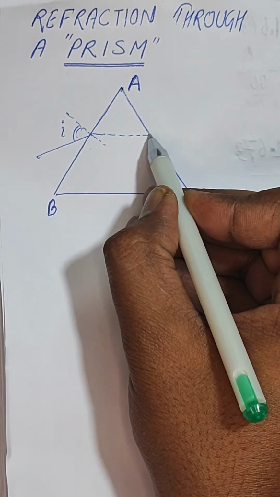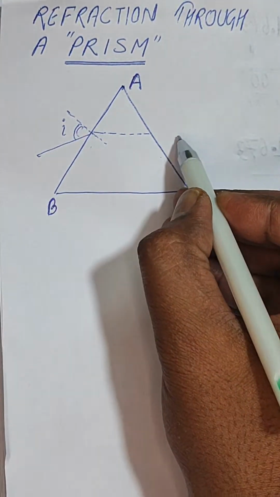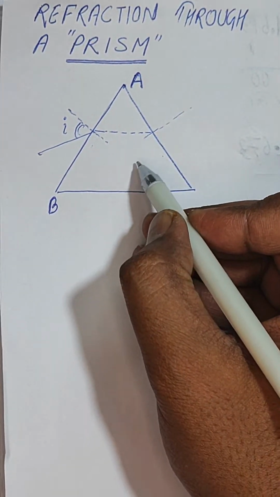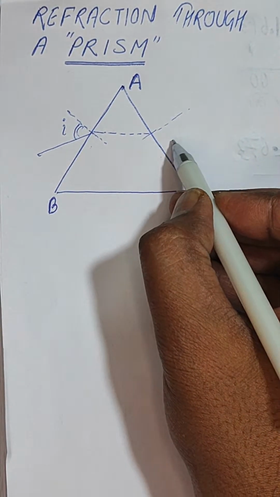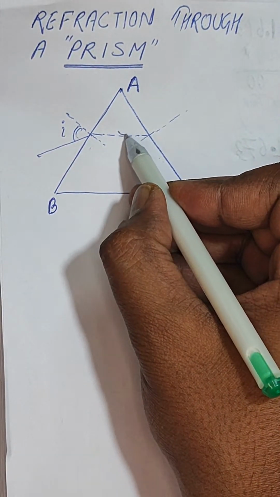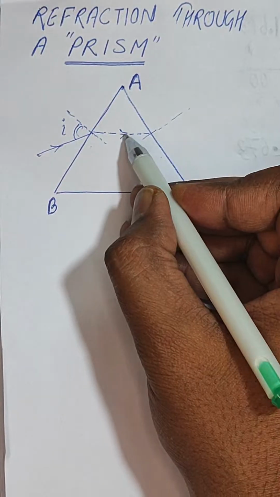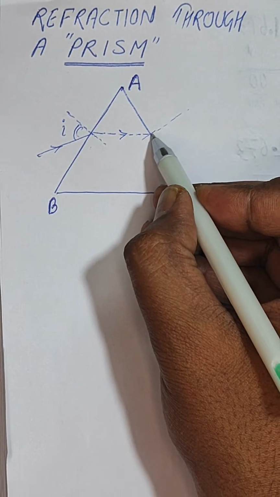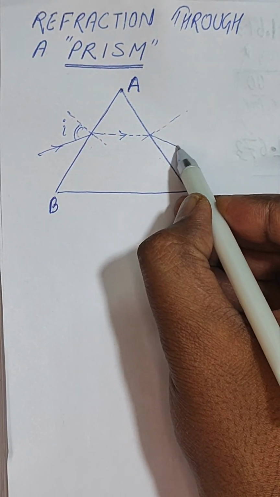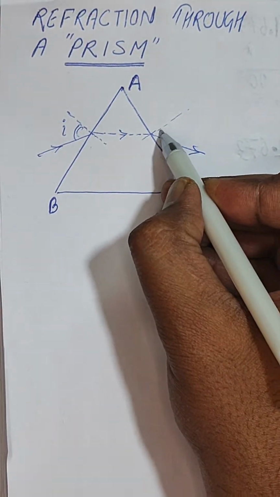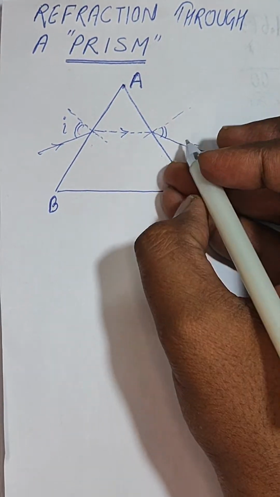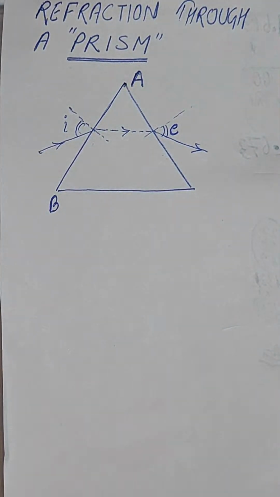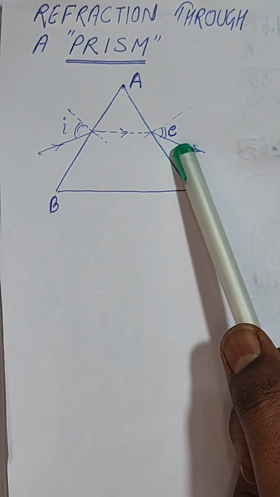Then again at this surface refraction happens, from denser to rarer. The ray goes through the glass like this, and from denser to rarer it goes away from the normal, so it moves like this. This will be the angle of emergence, that is, when the light comes out from the prism, my dear friends.